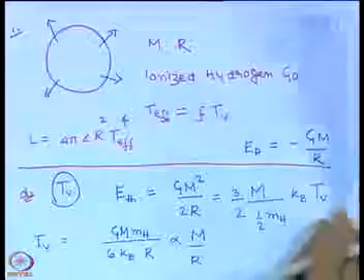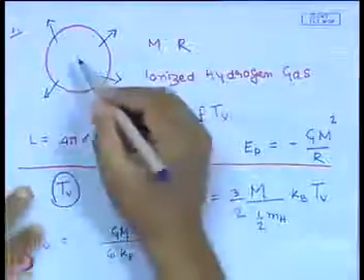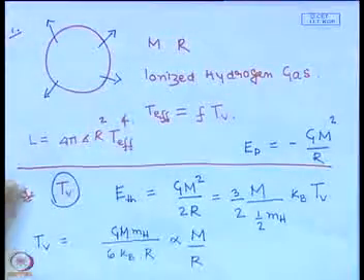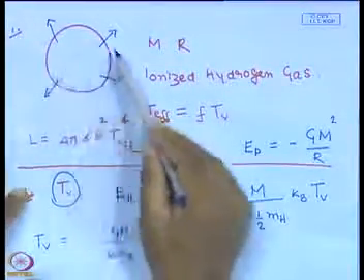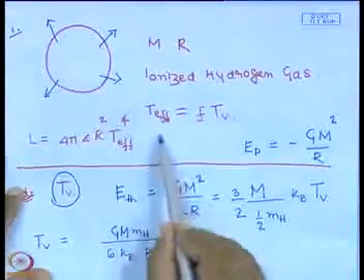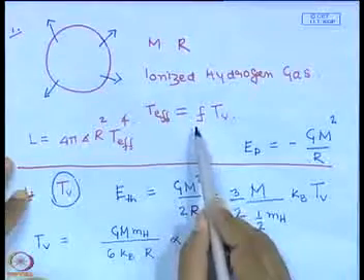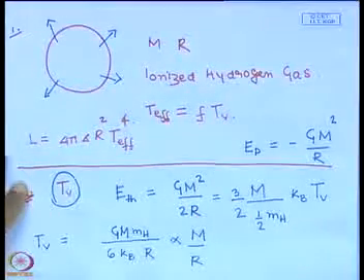The second part, we would like to calculate the luminosity of this object. And I have told you that we are assuming that this object emits from its surface as if it were a black body of this effective temperature, which is a fraction, some unknown fraction f of its virial temperature.